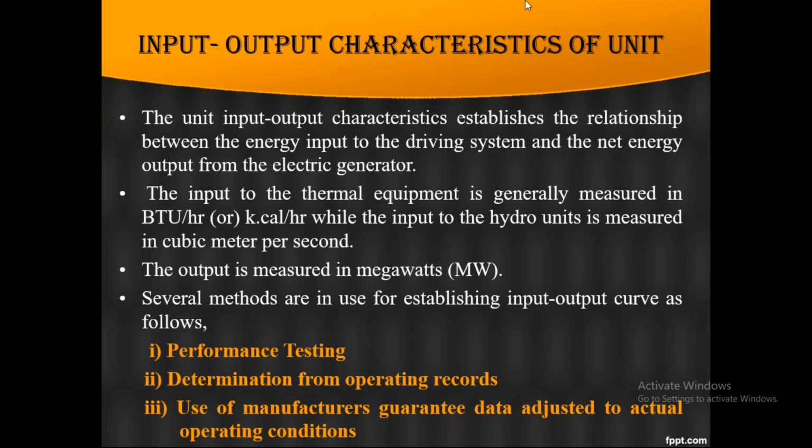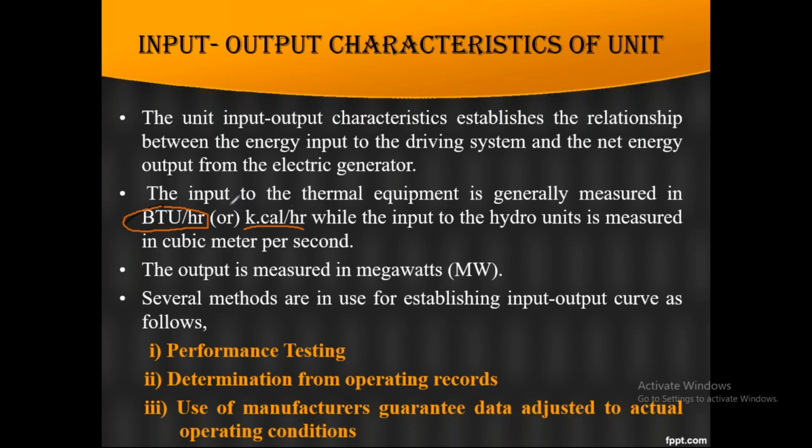So here, the input to the generating unit is termed as BTU. BTU is nothing but a British thermal unit. So it is important. This unit is identified as the input of the thermal equipment like the turbine, and it is also termed as kilocalories per hour.